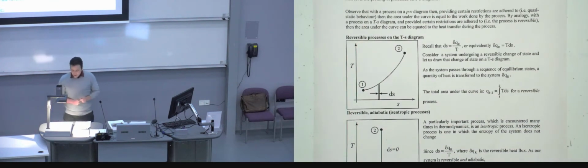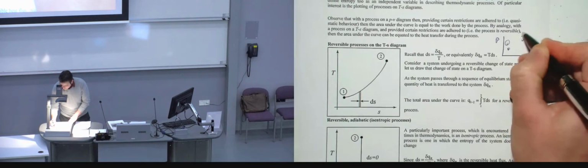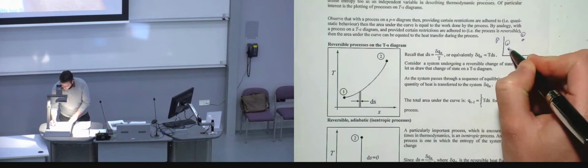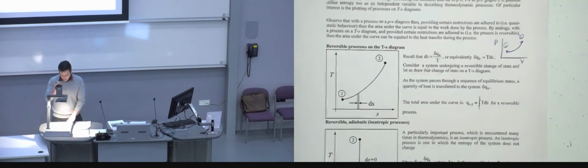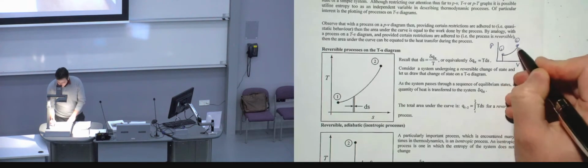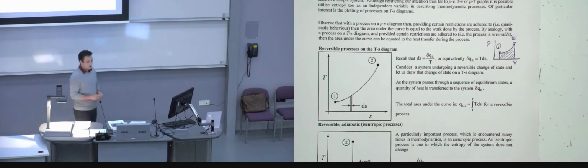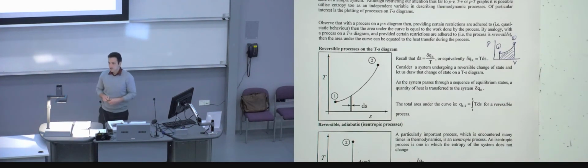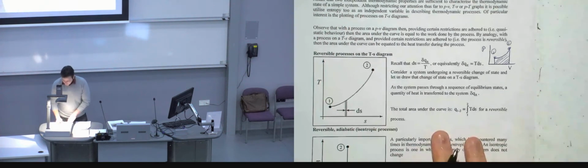If you remember the PV diagram, and if you had point 1 and point 2, and we connected these 2 points by a curve like this, do you remember what the area under this curve represented? Work? Yes, it's displacement work.